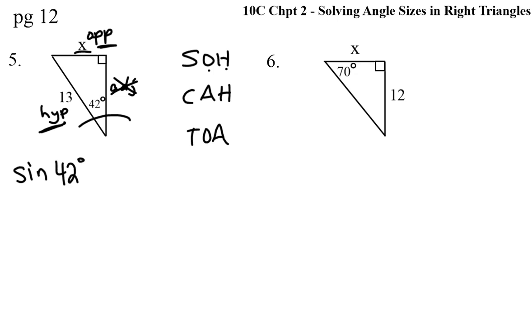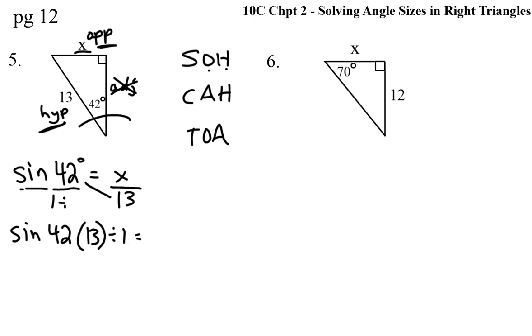Sine of the reference angle, make sure you include that. Opposite, x, over hypotenuse, 13. And now we cross multiply. Sine 42 times 13, divide by 1, should give us our x. Sine 42 times 13, divided by 1, x should work out to be 8.7.